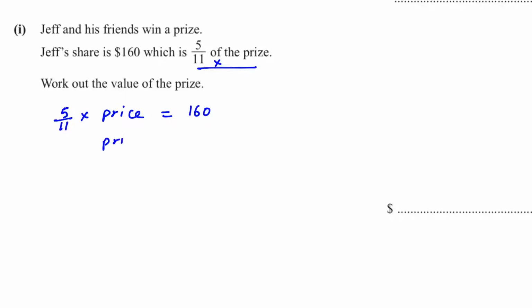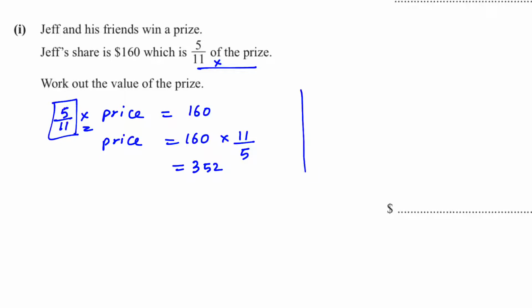So what is the prize going to be? Whenever you have a fraction like this and it's a multiplier, you want to bring it to the other side: the denominator will go up and the numerator will come down. So the answer is 352. Or you can do 160 divided by 5 over 11. You will get the same answer.